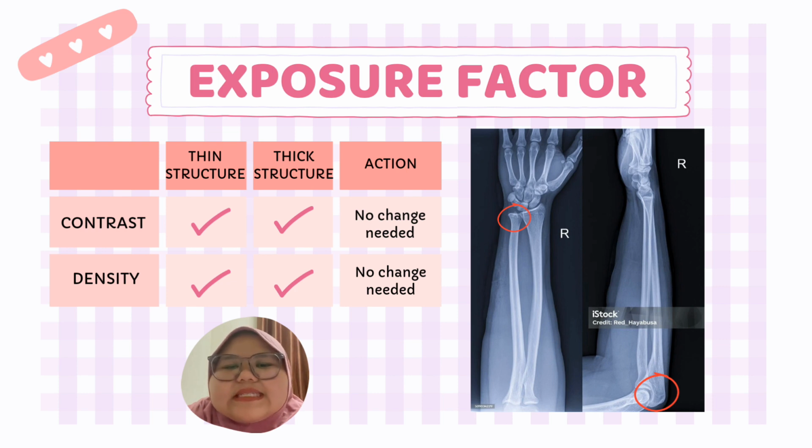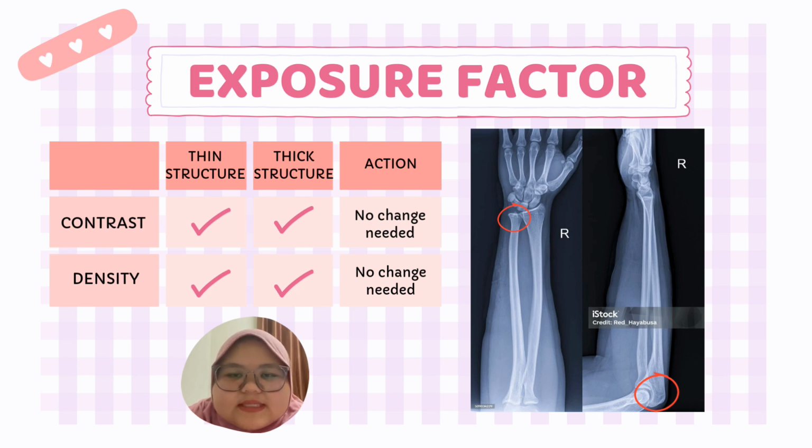The exposure factor for our radiograph cannot be fully determined as the olecranon process is cut off from this radiograph. But we can still evaluate by assuming the bony cortical outline and bony trabecular pattern of olecranon process by looking at the image for lateral projection of the same forearm. For the contrast, we can see the bony cortical outline of ulnar styloid and olecranon process.